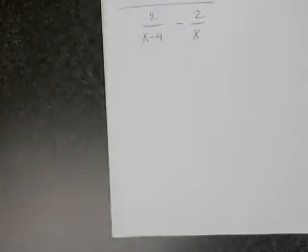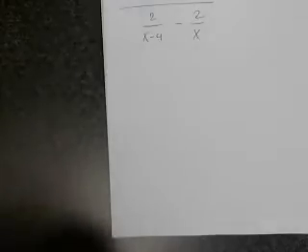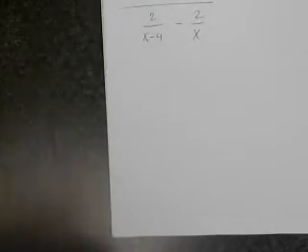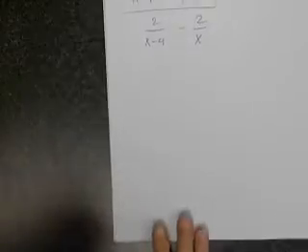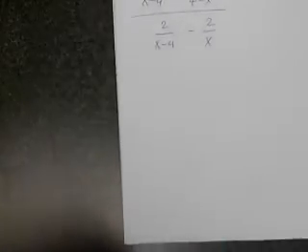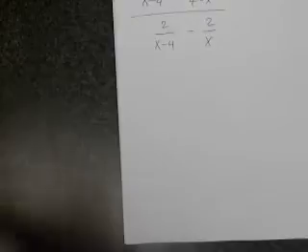I look at the denominator and I'm okay with what I see. But I look at the numerator and I'm not okay with what I see. Which one? Which one I definitely don't like? Which one? 4 minus x, indeed. I don't like this one.